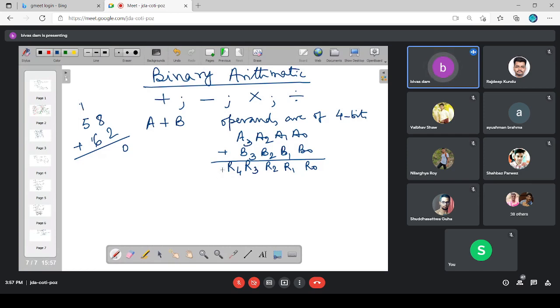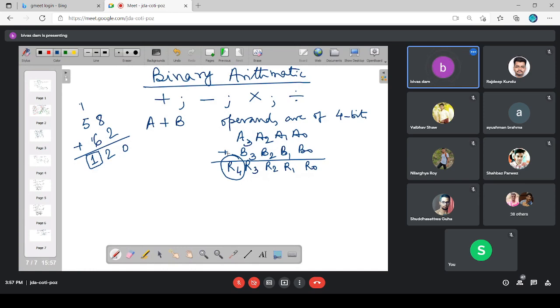Then what should the result be? 12. This 2 and this 1. This 1 is termed as the final carry. That means here also this R4 is nothing but your final carry out of this sum.